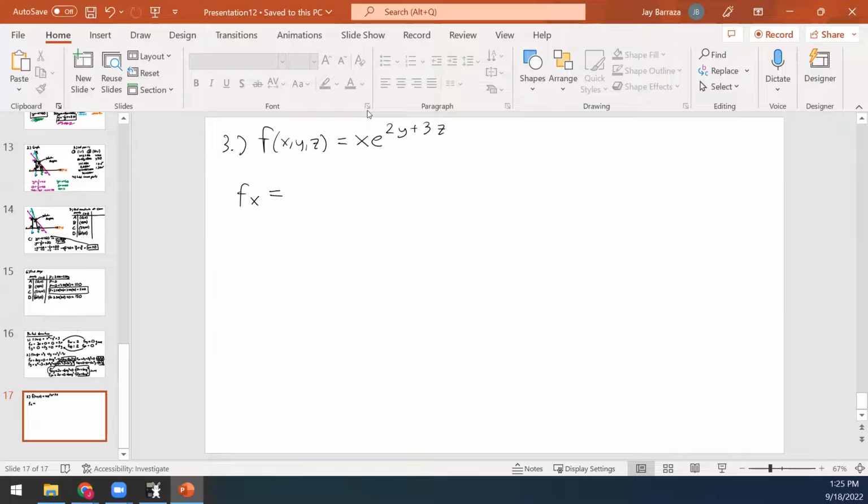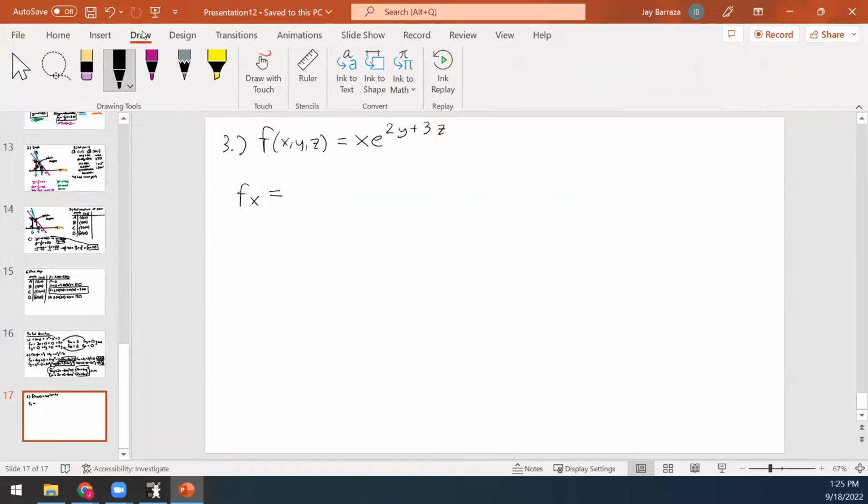So fx, the derivative with respect to x. Notice this part right here, there is no x term. So it is just a number to me. So the derivative is just 1 times e to the 2y plus 3z, which is just e to the 2y plus 3z.